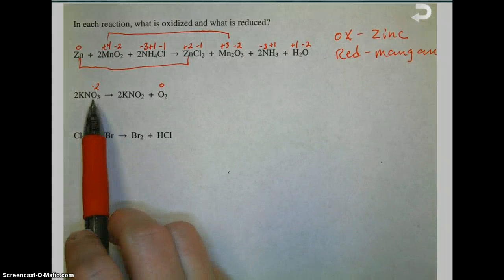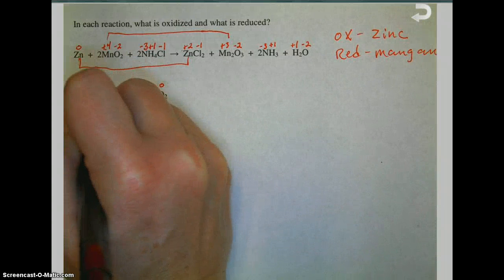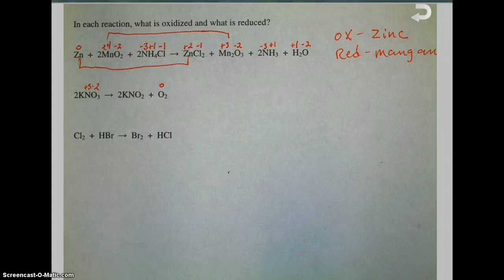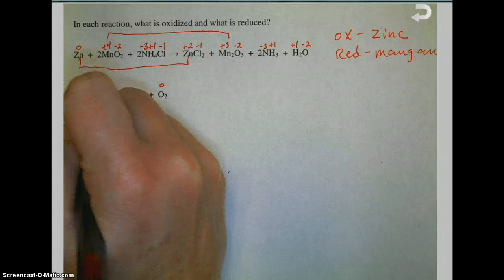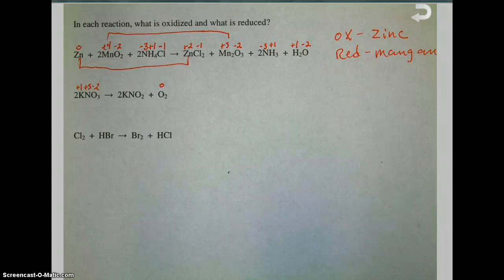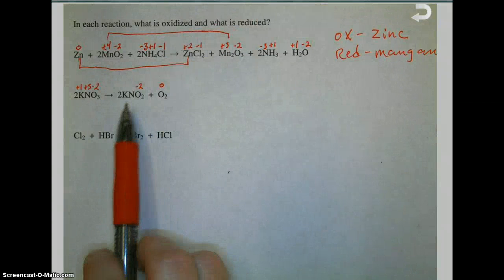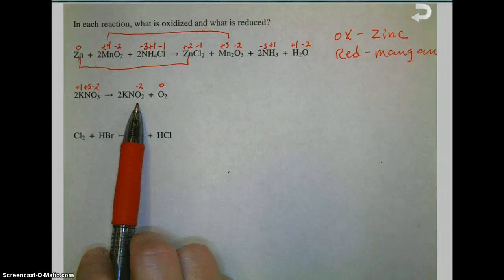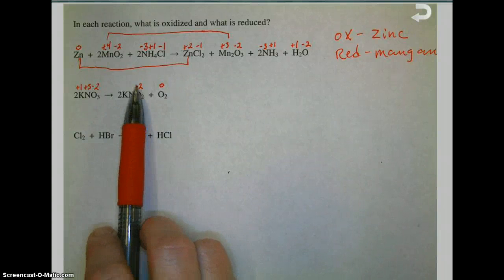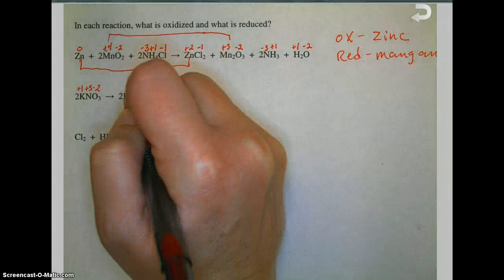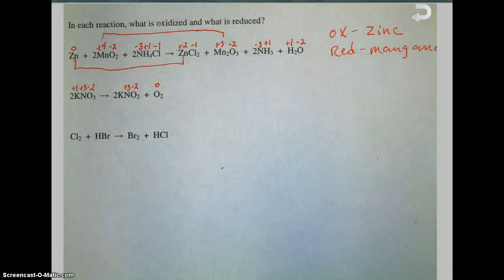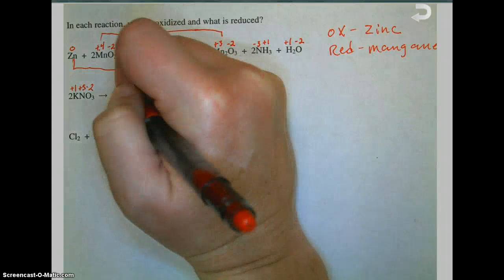So if we have -6, then the N has to be +5 to get a total of -1, and the K is +1 to cancel the -1. In the product side, O is still -2, but now we have nitrite, and nitrite has a charge of -1 as well. So -4 needs +3 to make it -1, and the potassium is still +1.